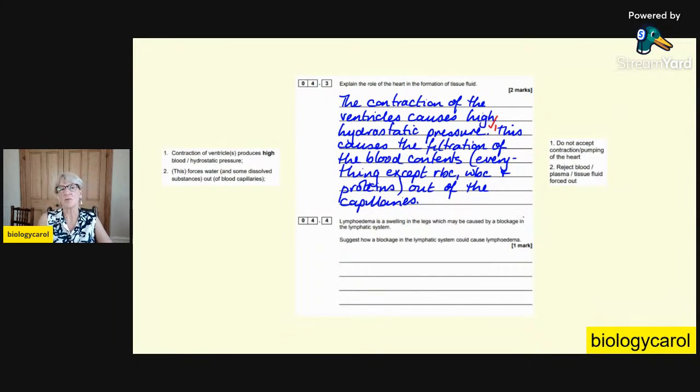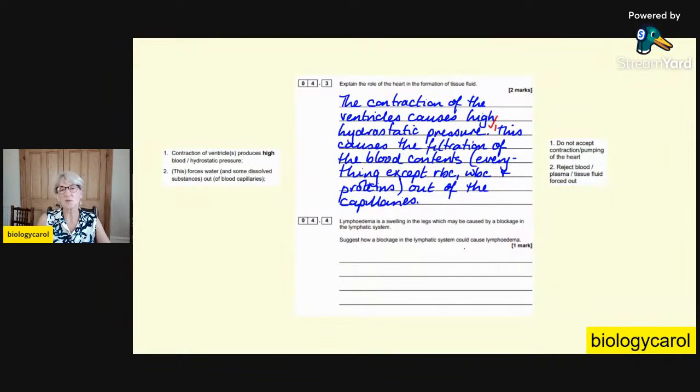I didn't give myself the mark. I would make a point on my revision cards that I need to talk about water and dissolved substances being filtered out, and not use the phrase everything except white blood cells, red blood cells, and proteins, unless the question was specifically targeting that kind of information. Learning from the mark scheme, not just learning the mark scheme.